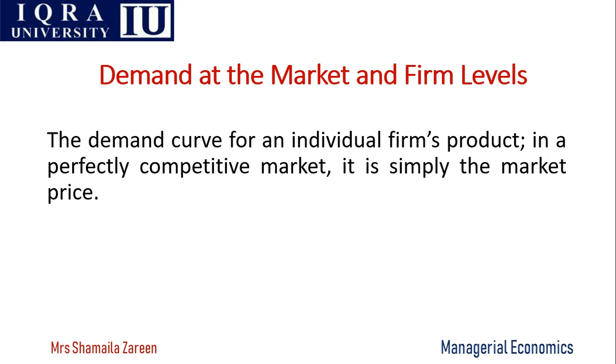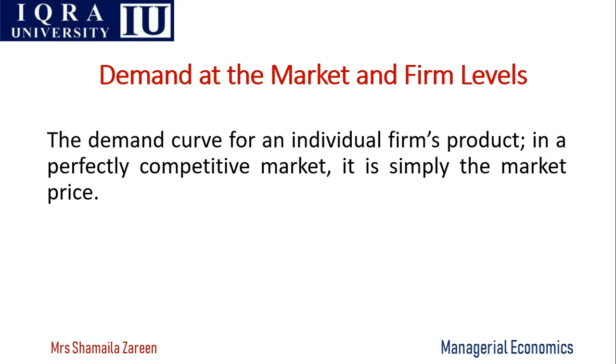Before we characterize the profit maximizing output decision of the firm or the managers operating in a perfectly competitive market, it is important to explain more precisely the relation between the market demand for a product and demand for a product produced by an individual firm in a perfectly competitive market.